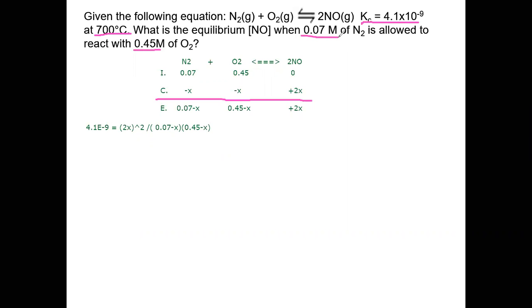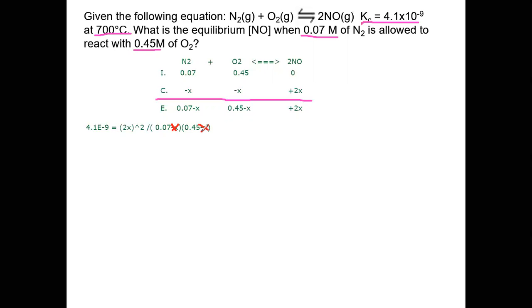And so what you want to do here is, if you see that the Kc is very small and the initial concentrations are very large, and usually the magnitude of difference between the initial concentrations and the K is 1,000 or greater, then you can approximate the equilibrium concentrations by negating this minus X. So we can get rid of that, and we get rid of this minus X here.